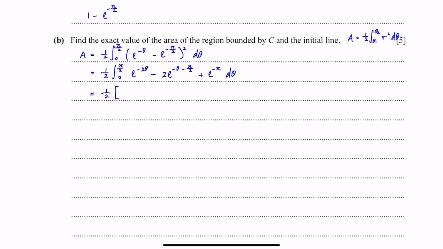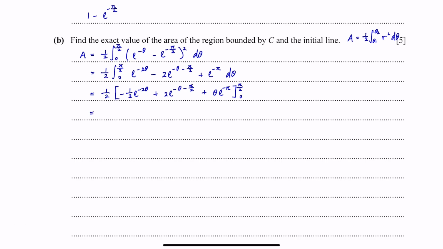And we will get negative half e to the power of negative 2 theta plus 2e to the power of negative theta minus pi over 2 plus theta times e to the power of negative pi. Sorry, that was my cursor of my laptop. Okay, so it will be from 0 to pi over 2.